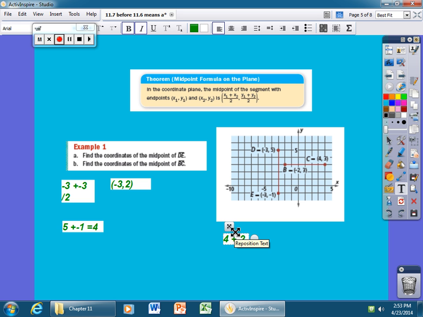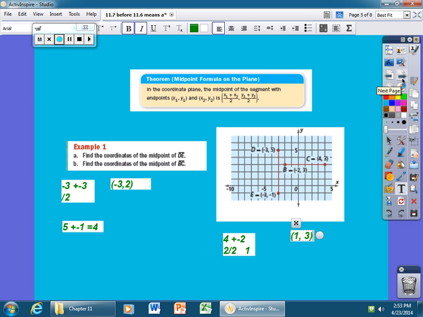That's going to give me +2, and then I'm going to divide it by 2. So my midpoint for the x is going to be 1. The y-coordinate, I notice, has to be 3. So the midpoint of that segment is 1, 3.